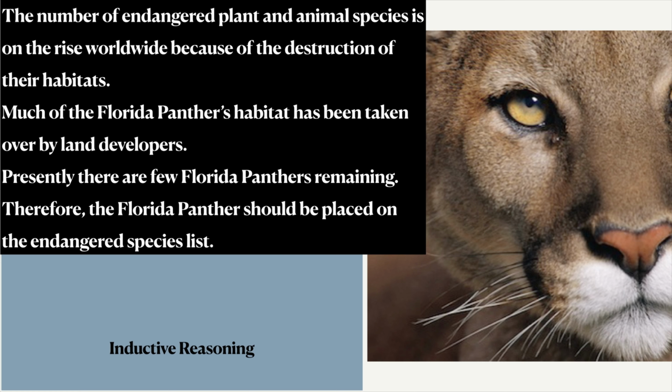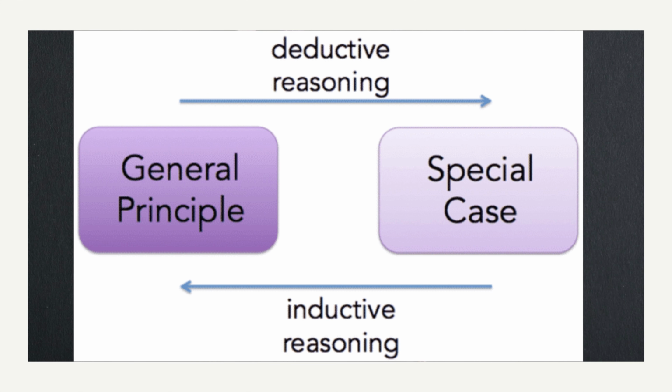Observation number 2. Much of the Florida panther's habitat has been taken over by land developers. Observation 3. Presently, there are few Florida panthers remaining. Taken together, these observations can lead the student to induce that the Florida panther should be placed on the endangered species list. It is a good idea to give students several examples of each type of reasoning.